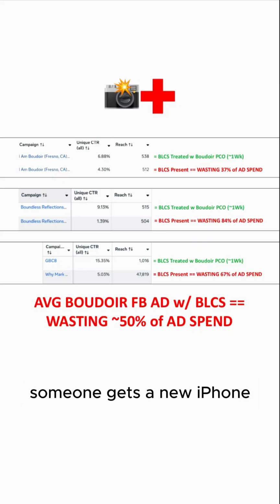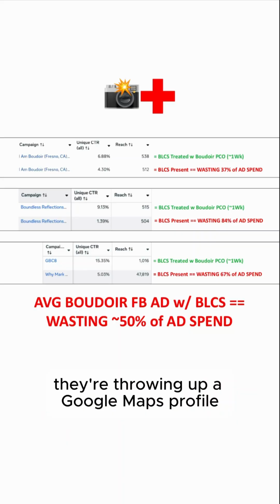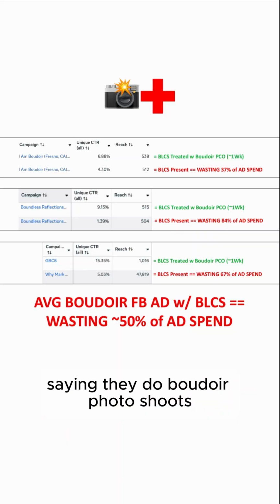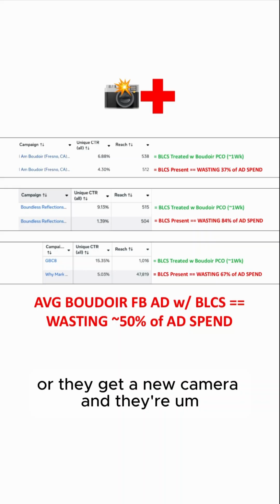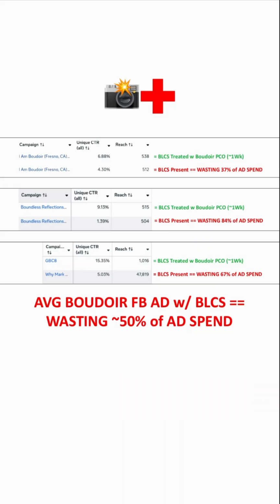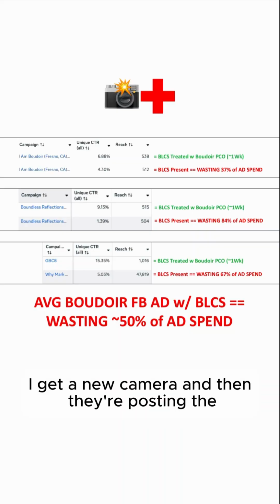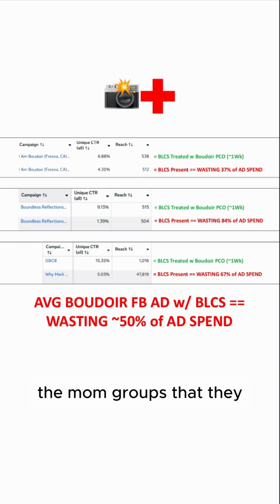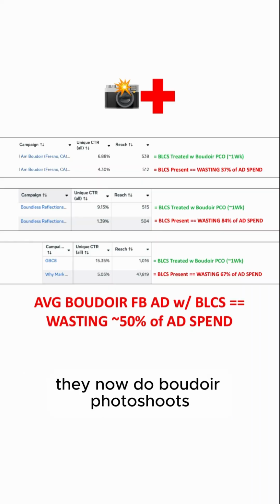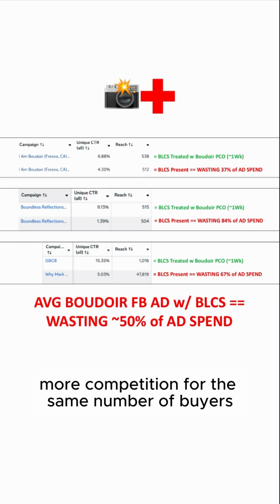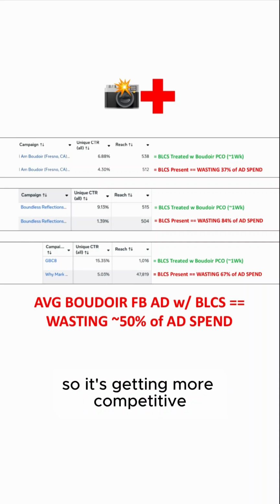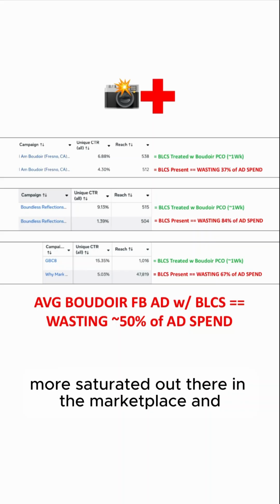Someone gets a new iPhone, all of a sudden they're throwing up a Google Maps profile saying they do boudoir photo shoots, or they get a new camera and then they're posting in the mom groups that they now do boudoir photo shoots. So it's basically more competition for the same number of buyers. So it's getting more competitive, more saturated out there in the marketplace.